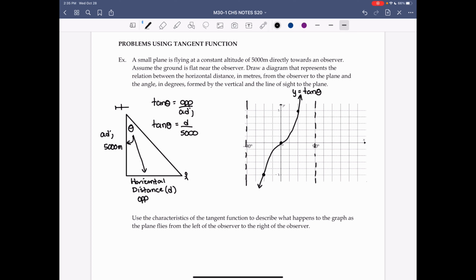We can relate this graph of y equals tan theta to the situation by saying that the x-axis represents the angle theta in the situation, and the y-axis is our horizontal distance.